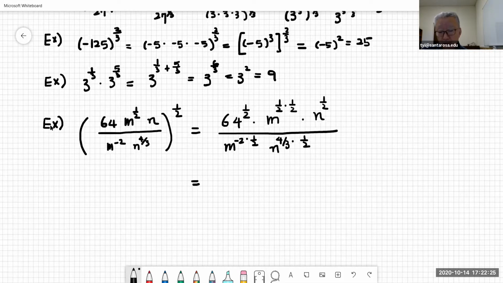So let's just look at each term first. You got 64 to the 1/2. Now remember that anything to the 1/2 power is a square root. So 64 to the 1/2 is simply the square root of 64, and that's just going to be 8. So we have 8 over here. Now, 1/2 times 1/2, we get 1/4.